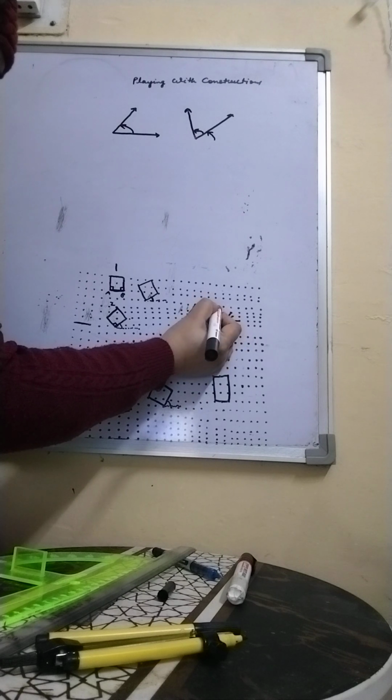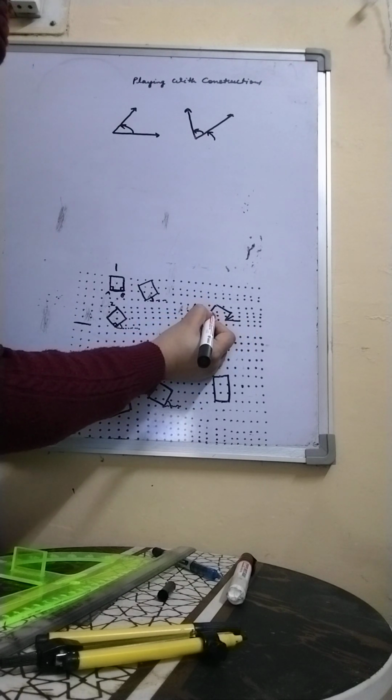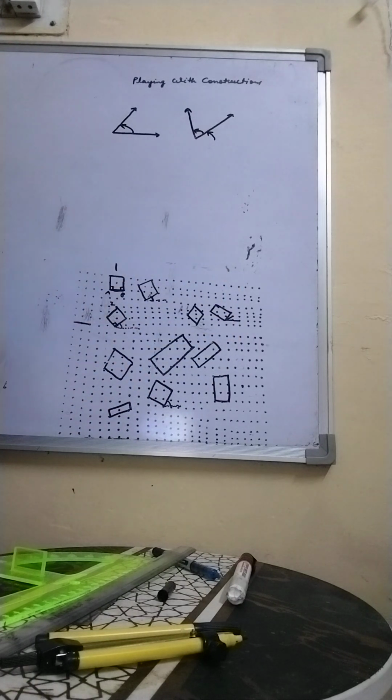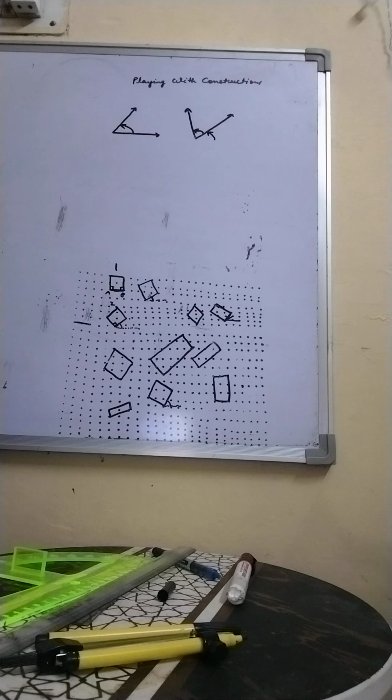Similarly, I will join like this, and in this way you will get another square with a different orientation.